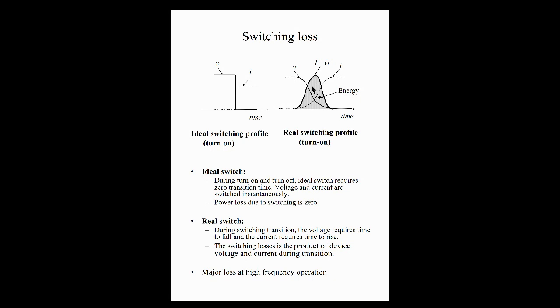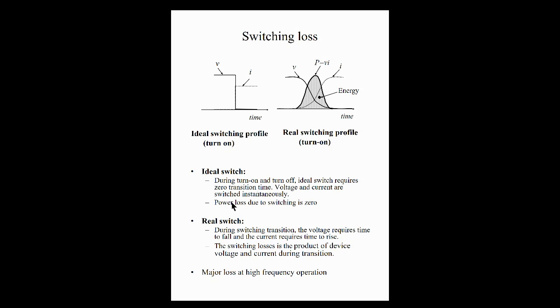And remember, we calculate the loss by simply taking the product of the voltage and the current. So you can see here we have a voltage at this point, and a current that corresponds, so we can obtain the power loss here. This would be the profile for the power loss. As you can see, most of the loss occurs between on and off.